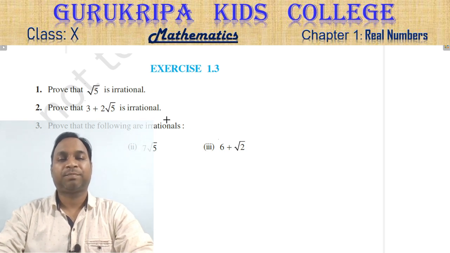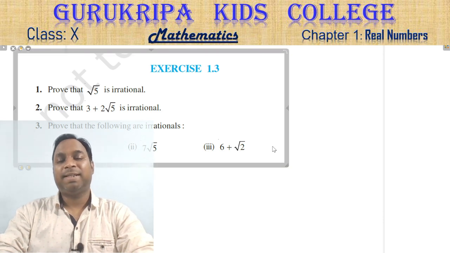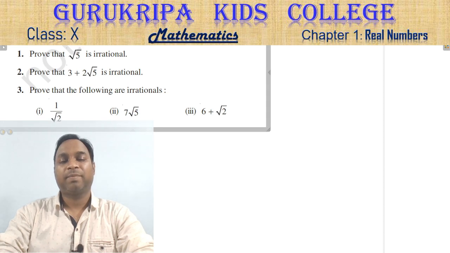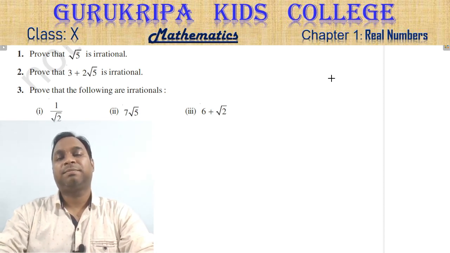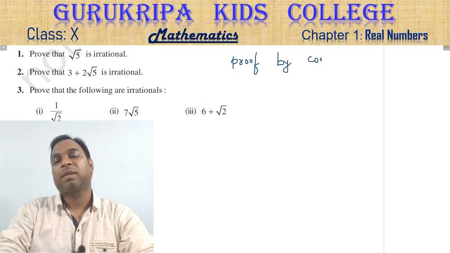Question number 1. Prove that square root 5 is irrational. Now we have already discussed by which method we prove this question. Proof by contradiction. So it's all a repetition of what we have done in the previous video. This will be done by proof by contradiction.